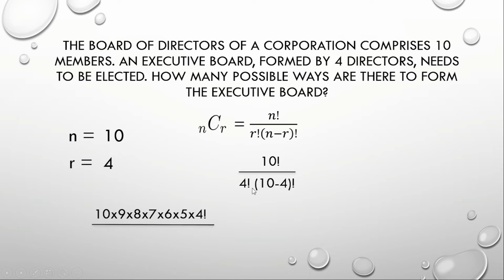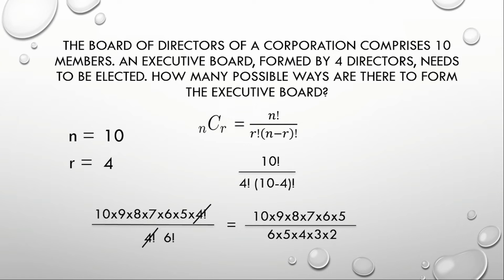So, divided by 4 factorial and 10 minus 4 is equal to 6 factorial. Okay? By cancellation, we can cancel 4 factorial. And let's expand our 6 factorial. So we just copy and paste the 10 multiplied by 9, 8, 7, 6, up to 5. And 6 factorial, we have 6 times 5 times 4 times 3 times 2.